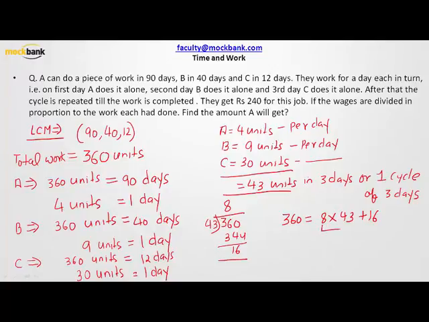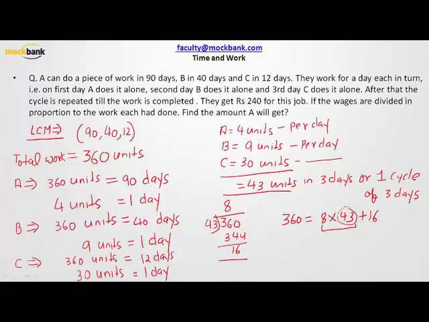So let me make you understand the significance of it. In one cycle of 3 days, A, B and C will be able to finish 43 units of work out of 360.